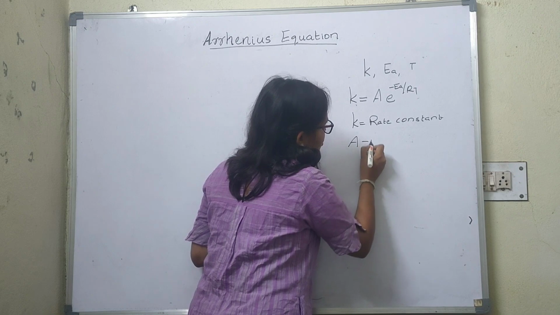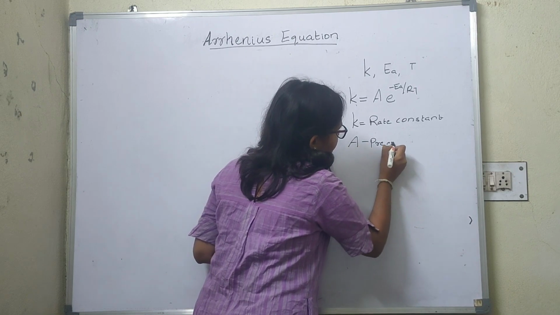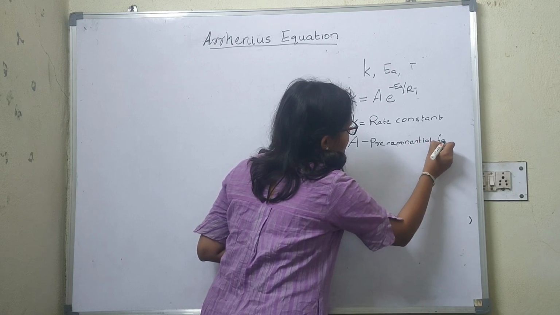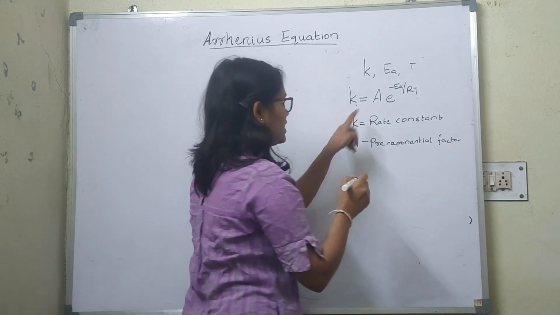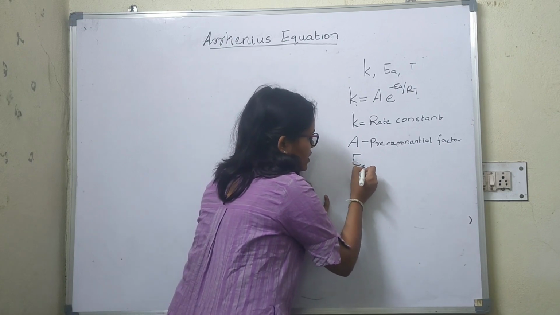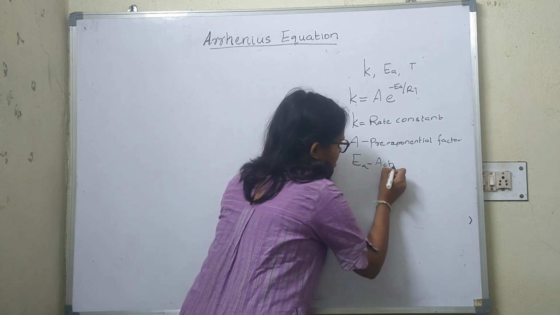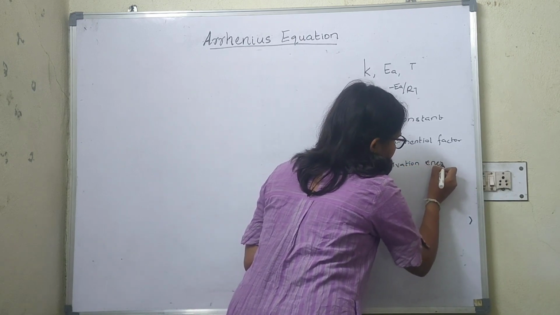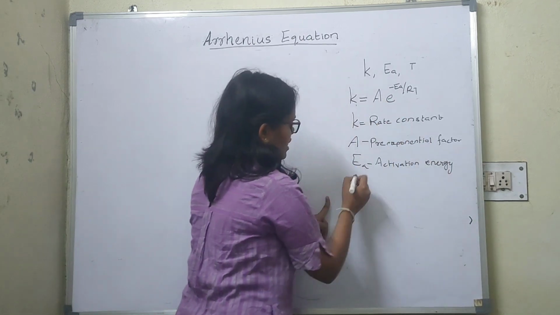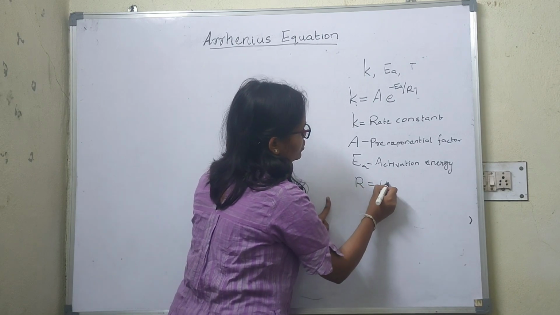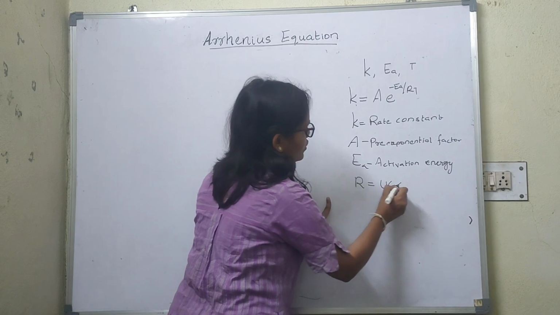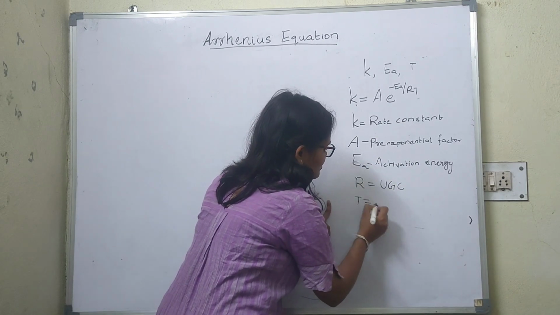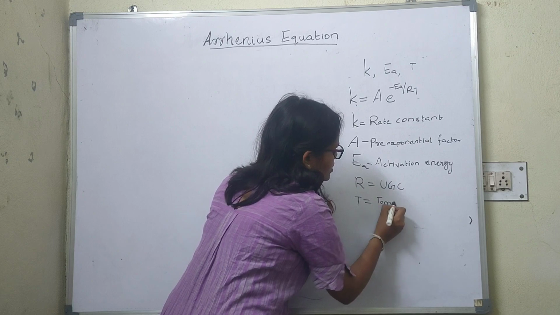A is the pre-exponential factor. Ea is the activation energy. R is the universal gas constant, and T is temperature.